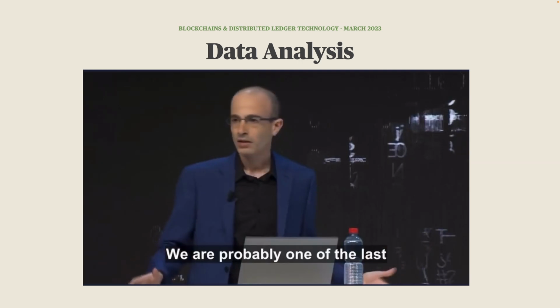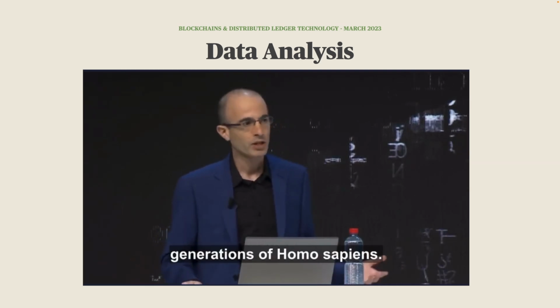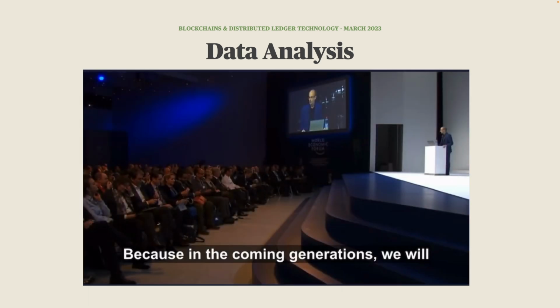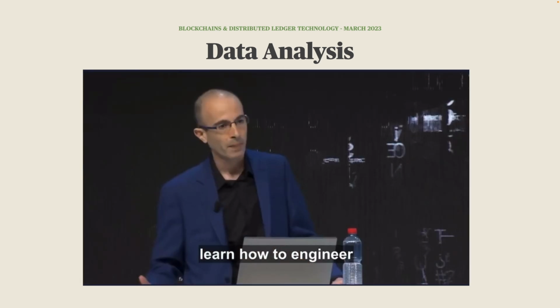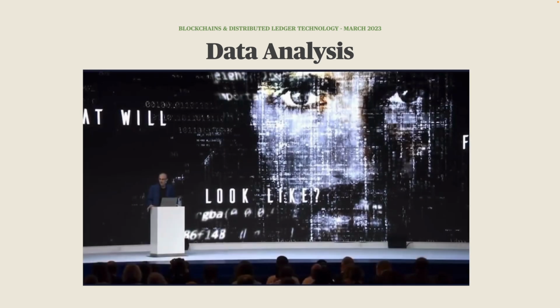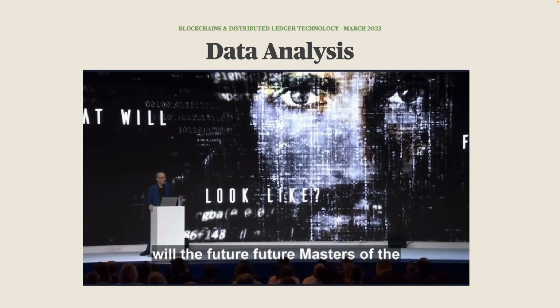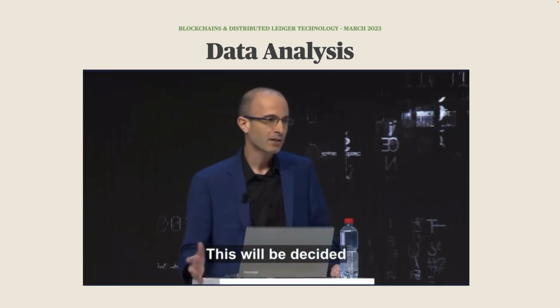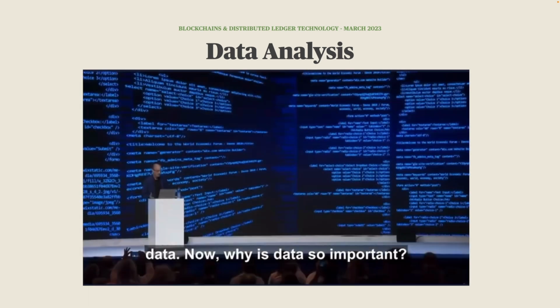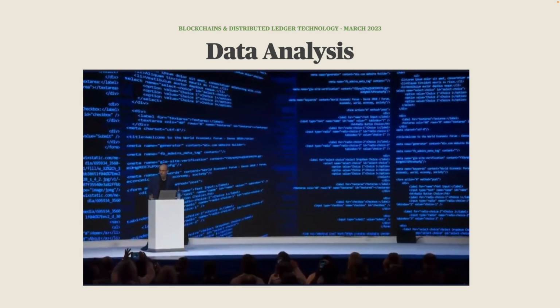We are probably one of the last generations of Homo sapiens, because in the coming generations, we will learn how to engineer bodies and brains and minds. Now, how exactly will the future masters of the planet look like? This will be decided by the people who own the data. Now, why is data so important?